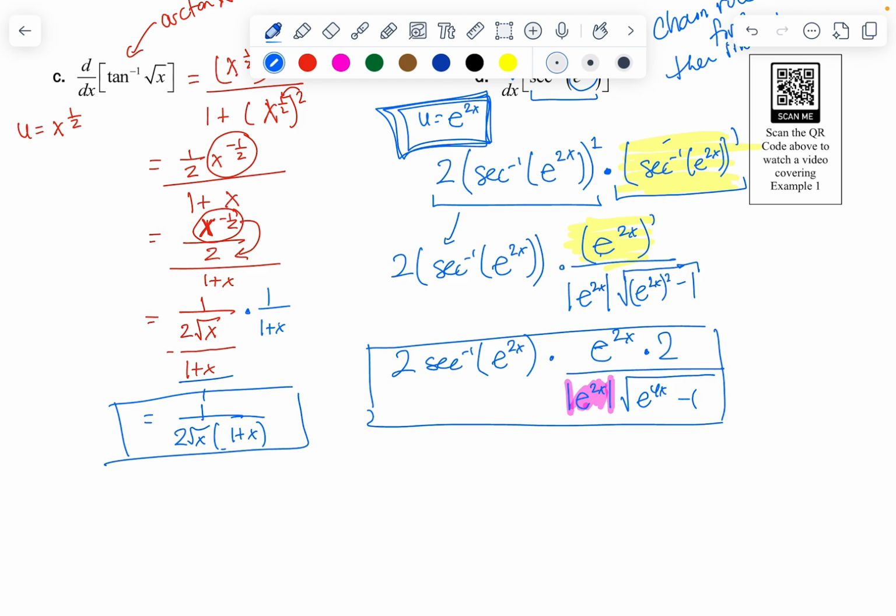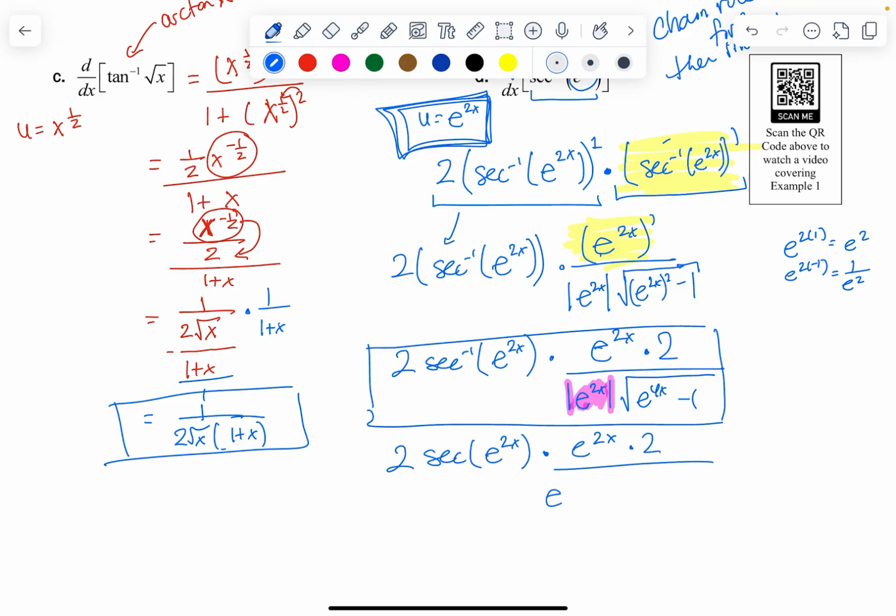Because even if you plugged in a positive 1, it's e squared. If you plugged in a negative 1, it's 1 over e squared. It will always be a positive answer. And when that happens, we have to understand that the answer does not necessarily need the absolute values.